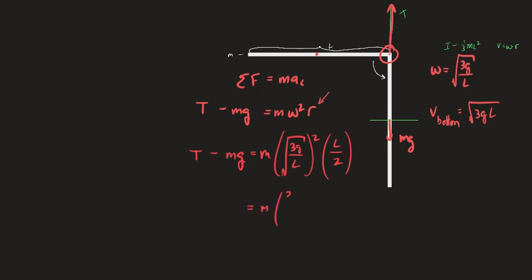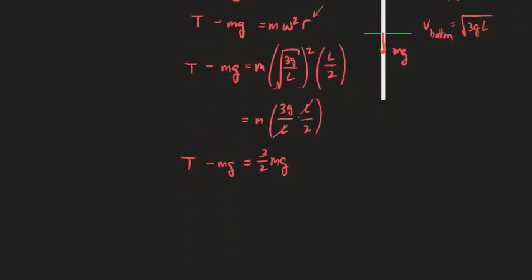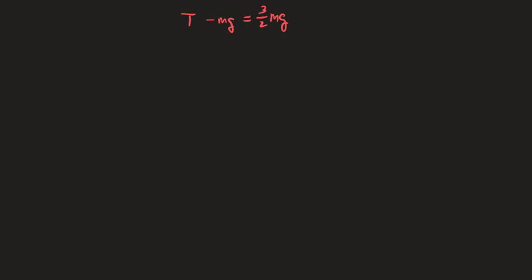M times 3g over L times L over 2. L's cancel. This means this whole thing on the left side is 3/2 mg. I still have T minus mg on the other side. So add mg to both sides and I get mg plus 3/2 mg.